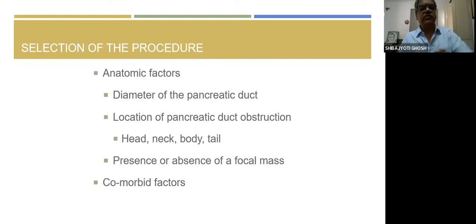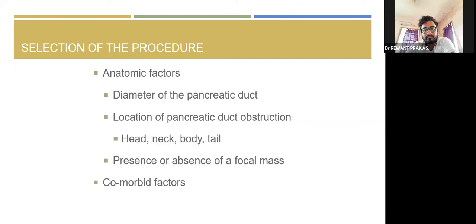Now, for the selection of procedures, the anatomical factors are very important. You have to have very good morphological delineation of the pancreas. This can be done either by CT scan, MDCT particularly, or by MRCP. We also have to see the diameter of the pancreatic duct, so that you can plan which type of surgery would be more useful.